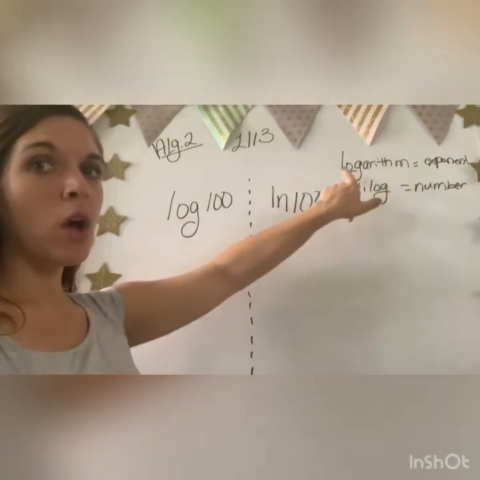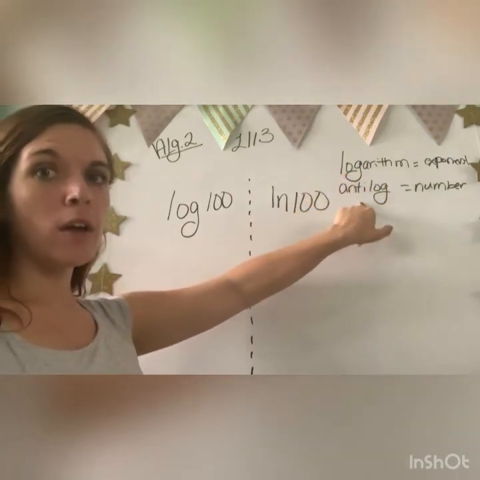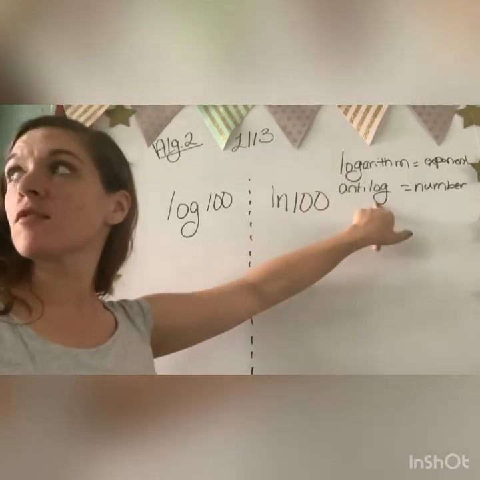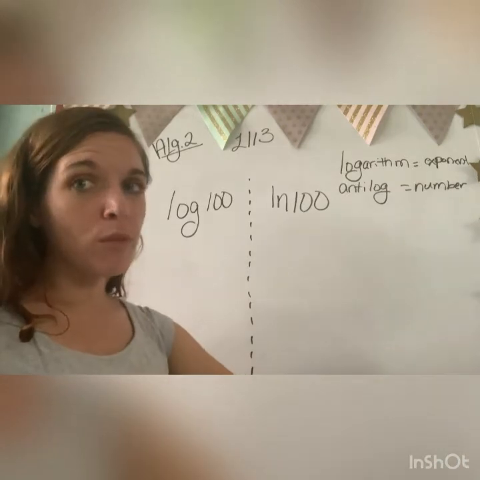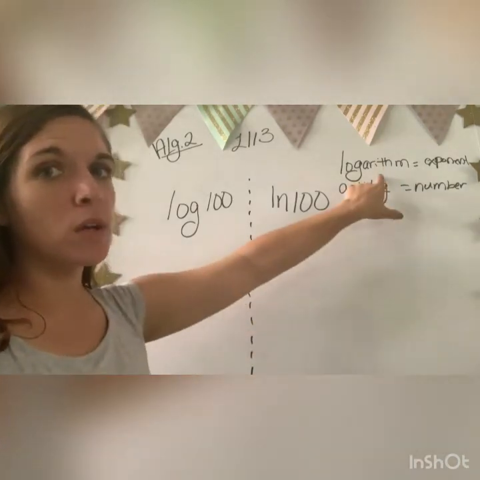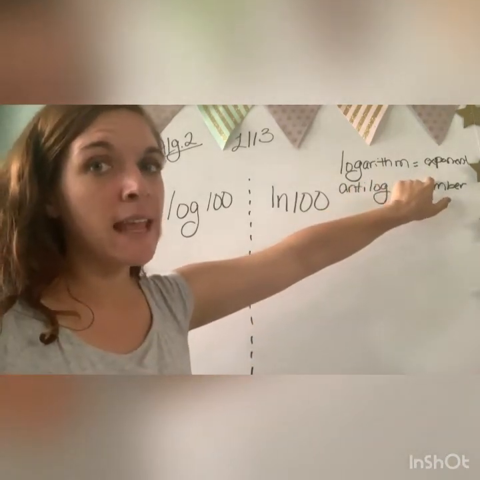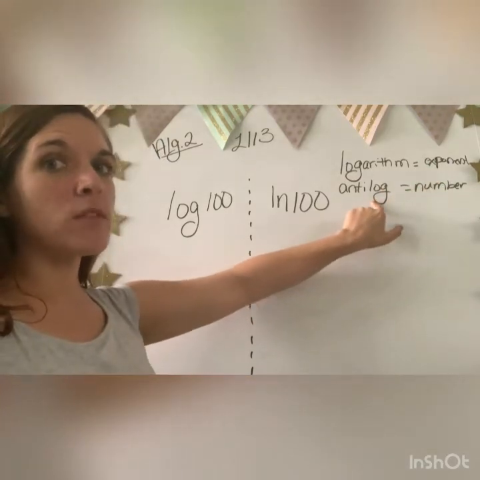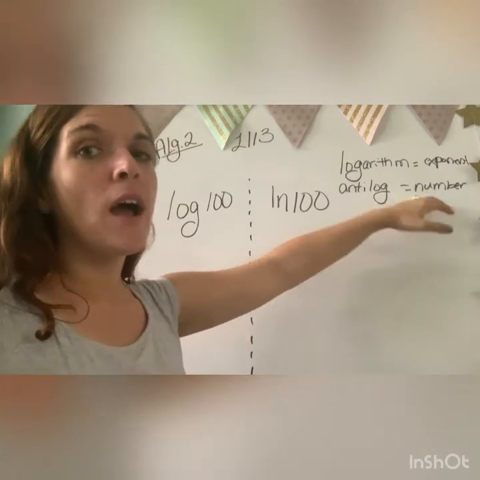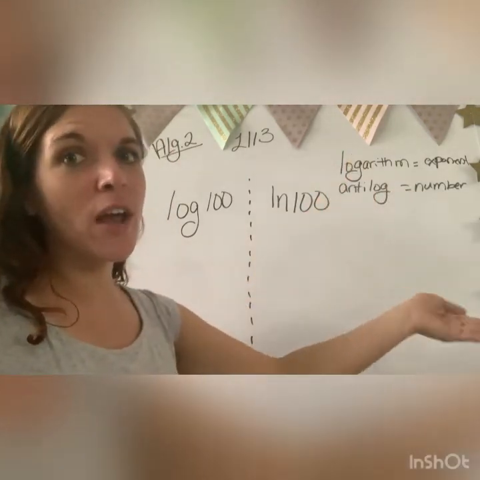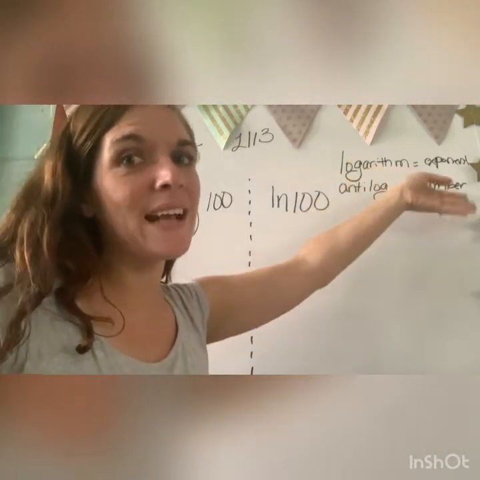So look up here, I wrote logarithm and anti-log. And then I gave the synonyms to those, the definition of those, okay? Logarithms are just another word for exponent. And anti-logarithms are just another word for the number, the answer of taking a number to the exponent, okay?